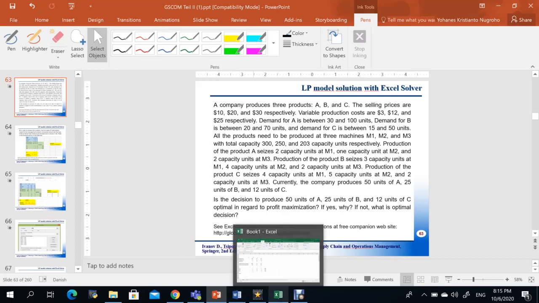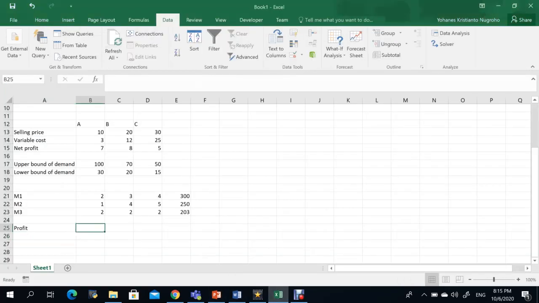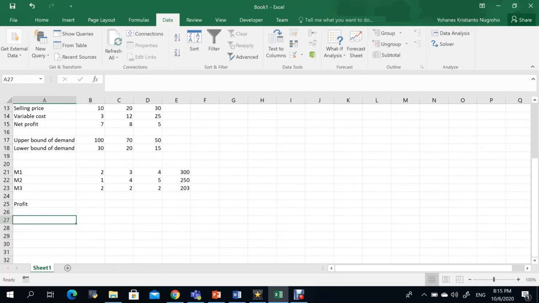Okay, now we go first to define our profit function, that is equal to the net profit. Okay, before formulating profit, we need to have the constraints. The first constraint states that M1 produces a maximum of 300 units, right?